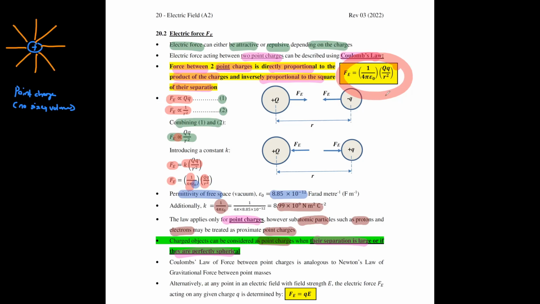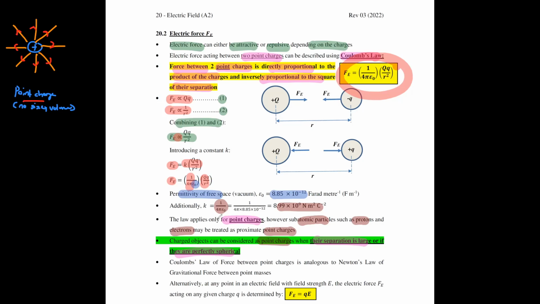And the direction of your electric field should be pointed outwards, following the direction of force acting on a positive test charge placed inside the field. But you can always just remember it as, since it's a positive charge, it must always be pointing outwards. No problem there. So this one is for a point charge.